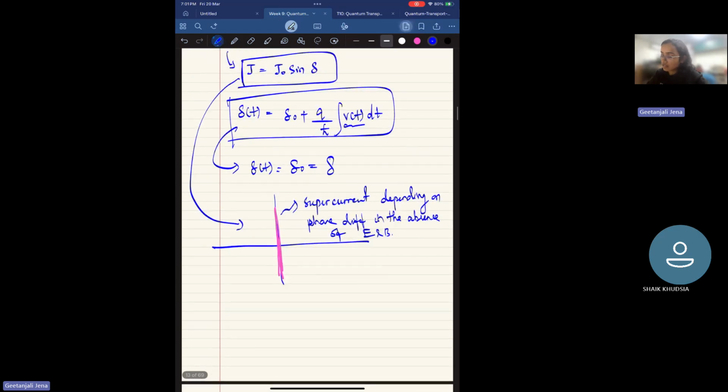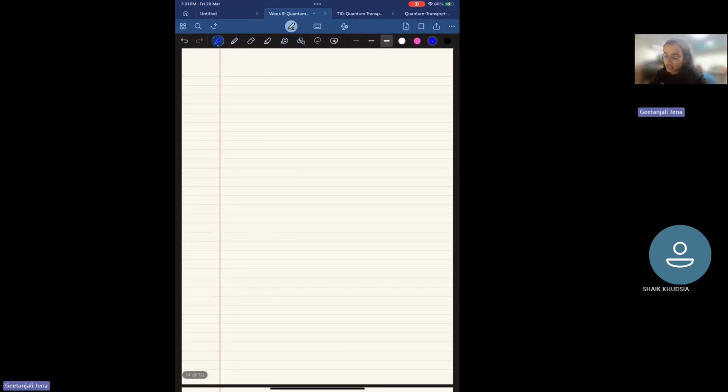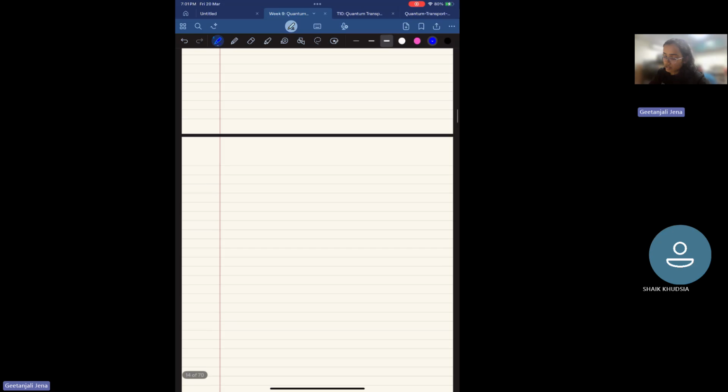Now let us see what will happen if we apply a constant voltage, that is, V(t) is not 0 but a constant value V0. We apply a DC voltage, and this we call the AC Josephson effect.